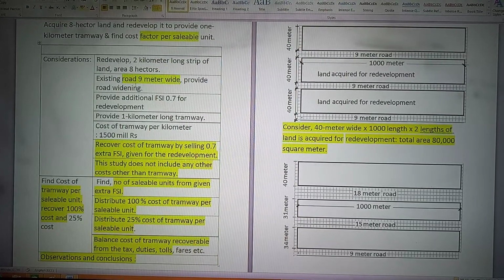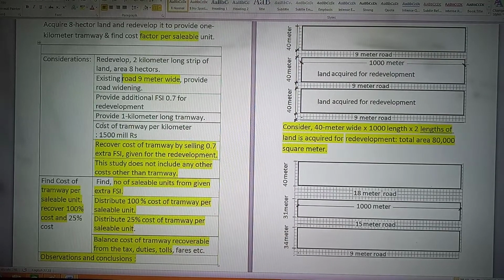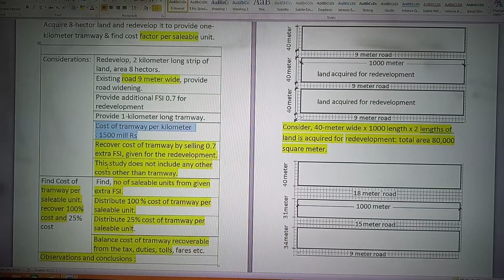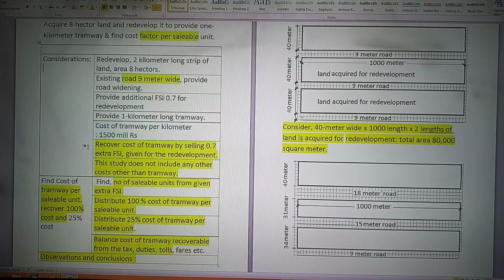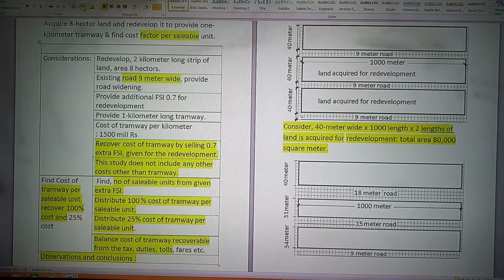So what we are going to do is take the cost of tramway, which comes to about 1500 million rupees.